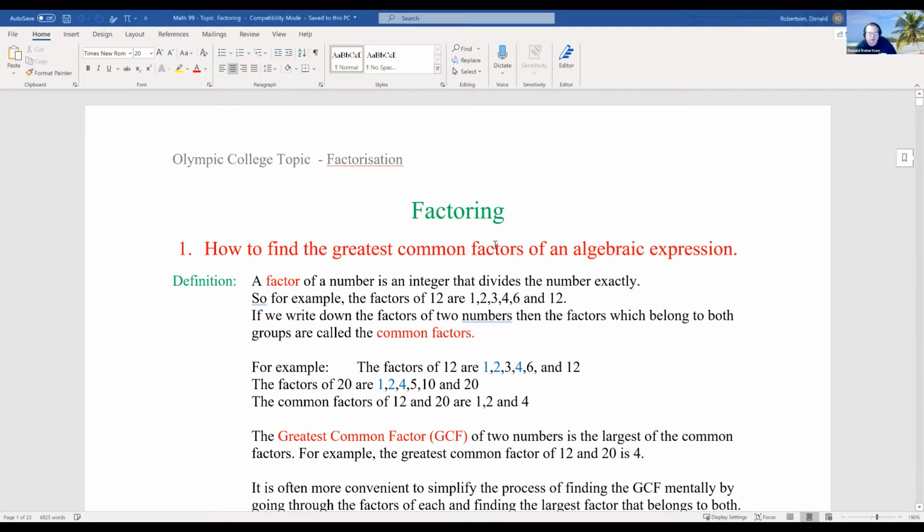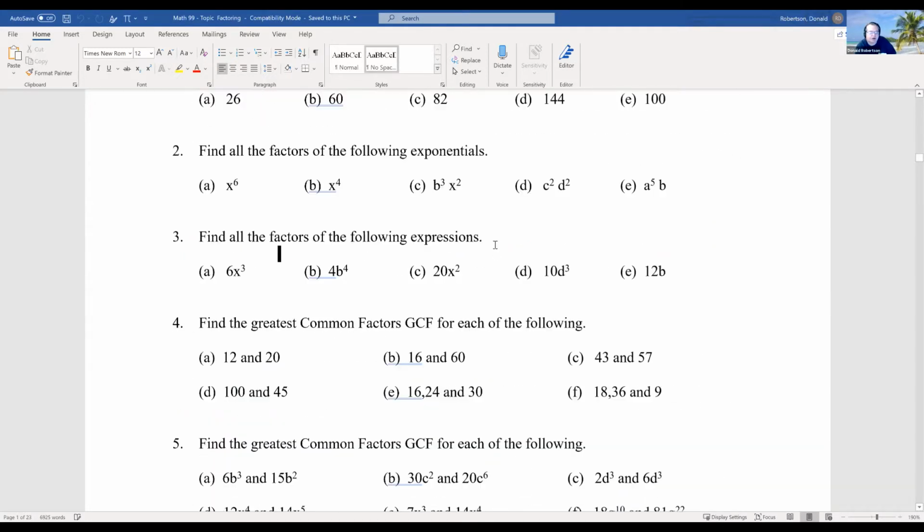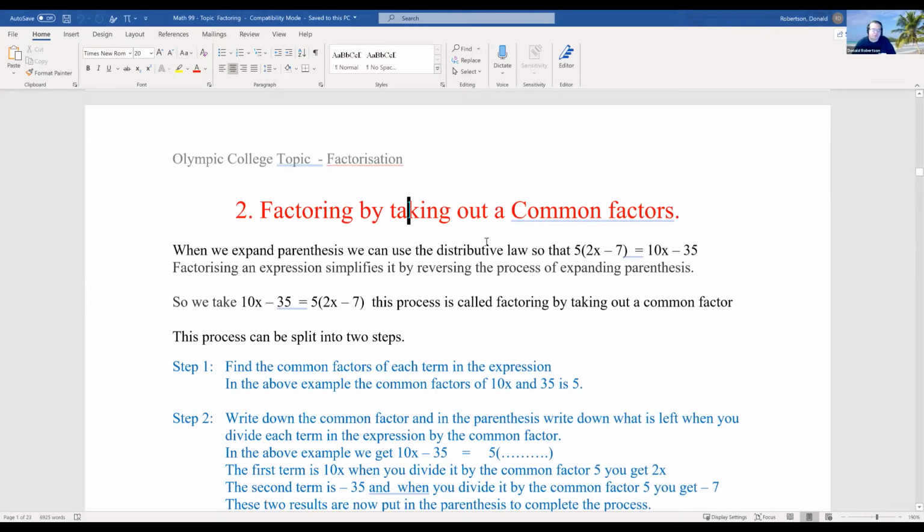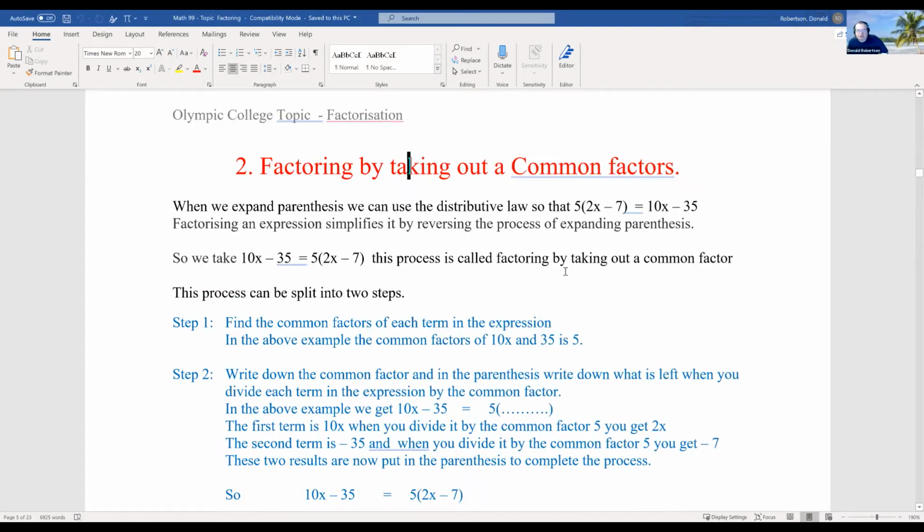I'm just loading it up to give you an idea of what it looks like, and I'll stop from time to time. Here's one of the ways in which you would factor something. It's called common factors. So for instance, if you were going to do an expression like this, you pull out the common factor of 5, and now it's factored.